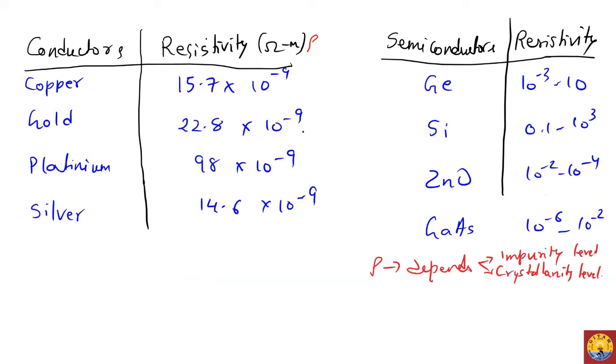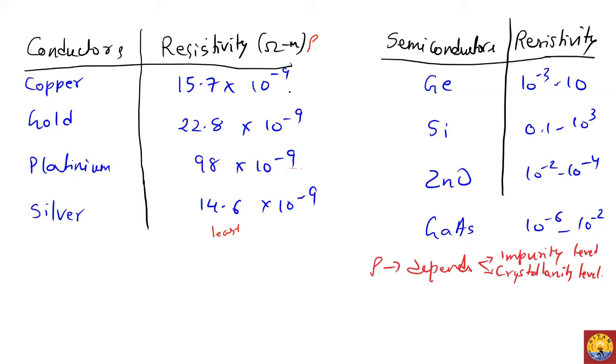Similarly, gold has a bit higher resistivity than copper, it's 22.8. Then platinum is still higher, 98 into 10 to the power minus 9 ohm meter. So platinum is the highest in resistivity among these metals. Then silver has the least resistivity, with 14.6 into 10 to the power minus 9.